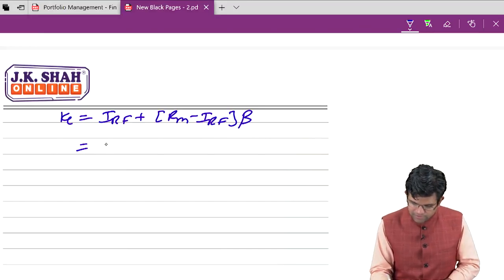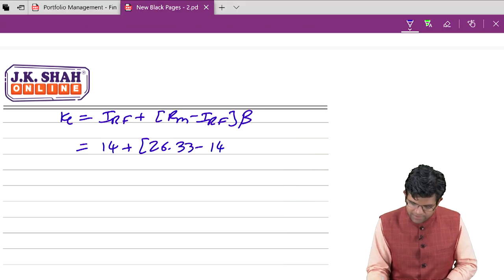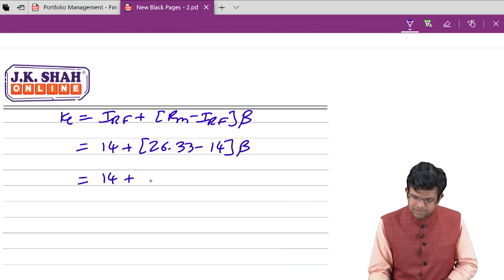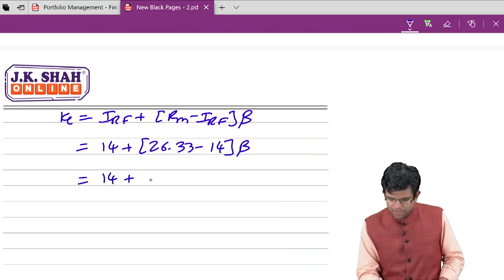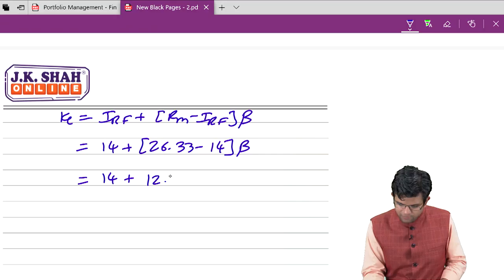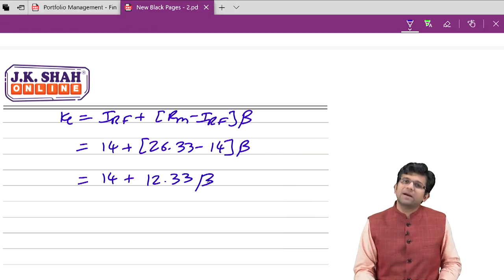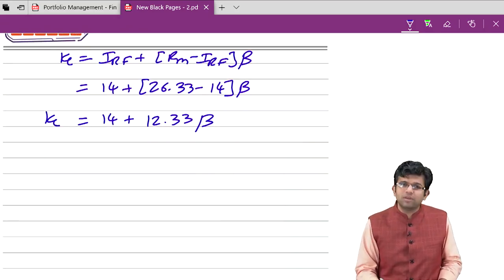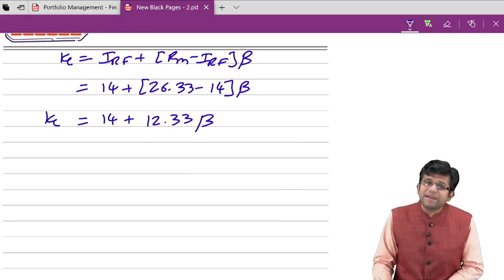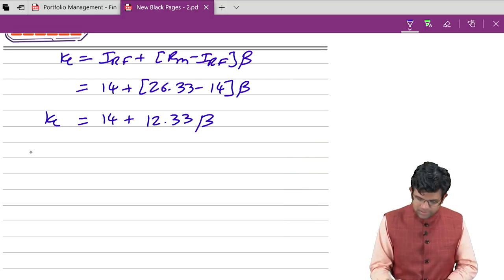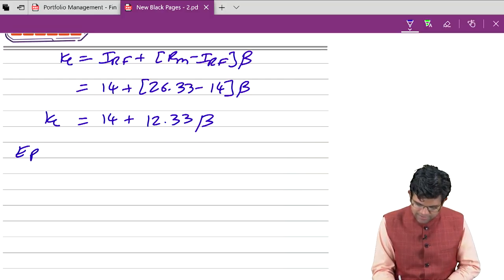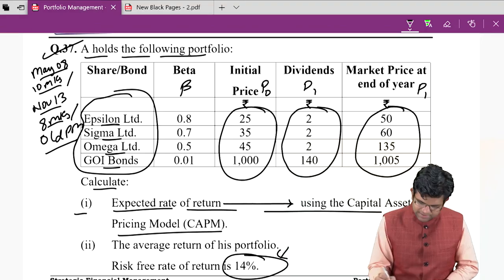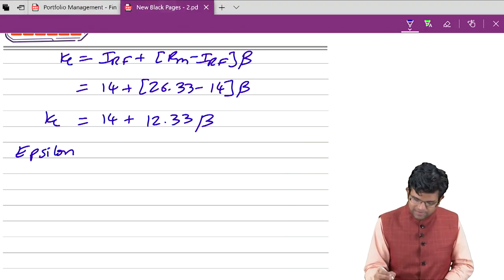So I'll write down here which is equal to 14 plus 26.33 minus 14, into the beta, which is equal to 14 plus, students, 26.33 minus 14 is obviously 12.33 into beta, correct? So with this we get the KE formula. Let us now substitute the beta of individual stocks here and get KE for all of them. First one is epsilon. Yes, next is sigma, next is omega, and next is GOI bond.